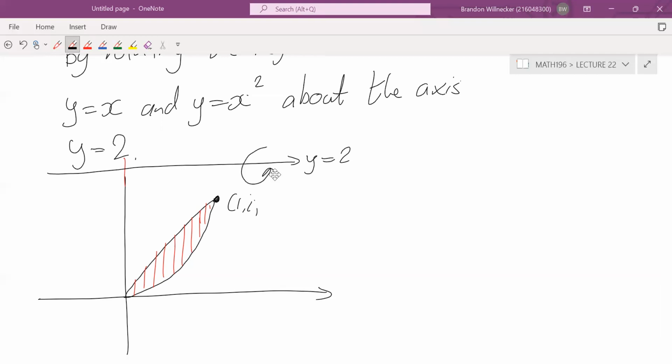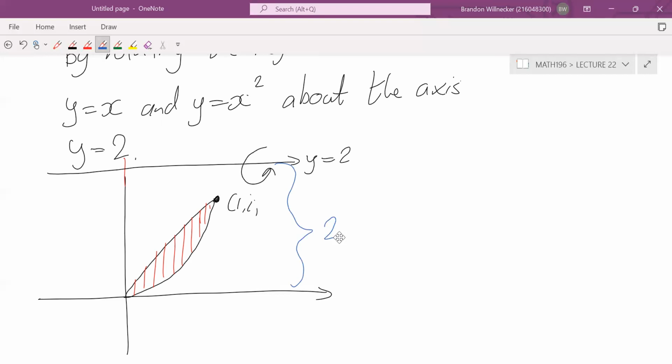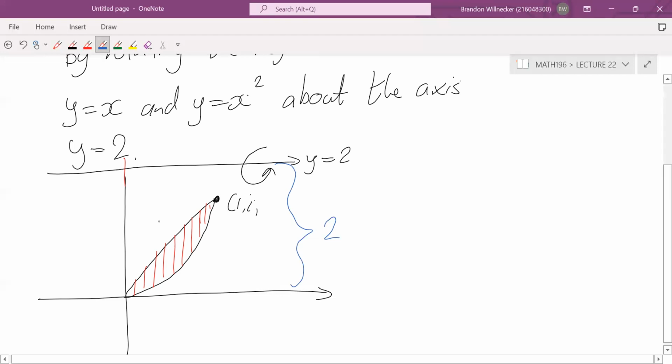So we need to find the inner radius and the outer radius. So how do we do that? Well, we know that this total distance here is 2, because from y equals 2 down to the x-axis, that's a full distance of 2. What we want is this distance here, which is r in, that's the inner radius.